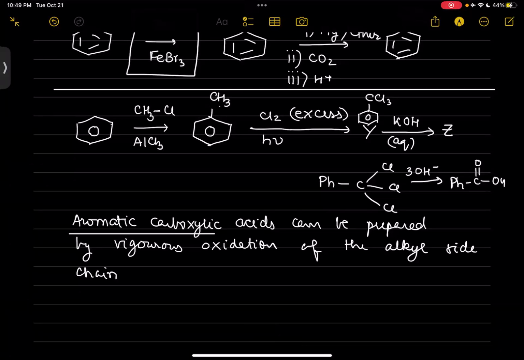Alkyl side chain means what? The alkyl group which we have connected to the benzene ring.